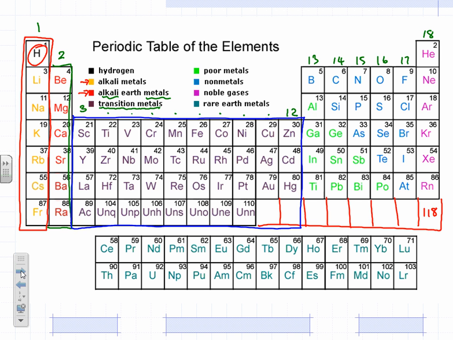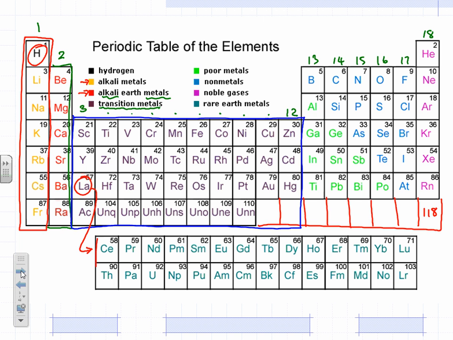Now, the lanthanoids and the actinoids. The lanthanoids are the row of elements that begin after lanthanum. And that's this group down here.